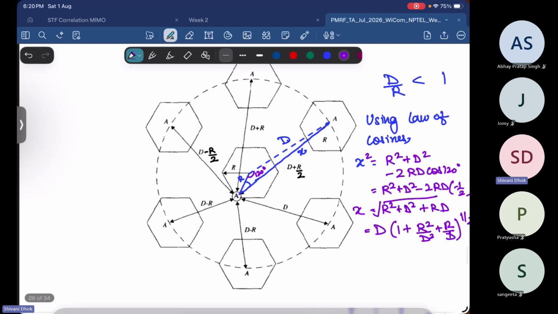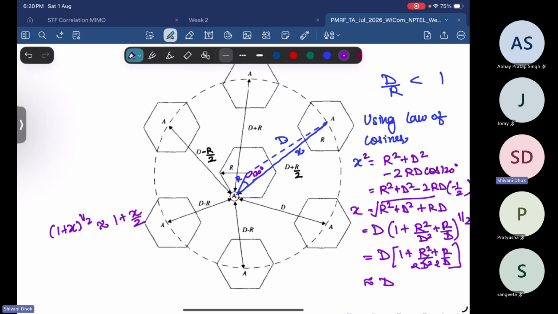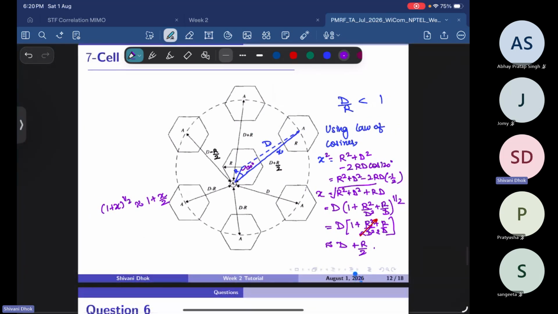And now in order to simplify this, you can use 1 plus x to the power half is approximately equal to 1 plus x by 2. This is first order Taylor series approximation. So you will get d into 1 plus r square by d square plus r by d, over 2. And this you can ignore, the second order term. So what you are left with is d plus r by 2. Yeah, so in this fashion you need to find all of these things.